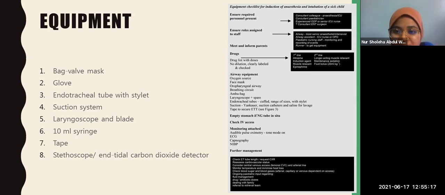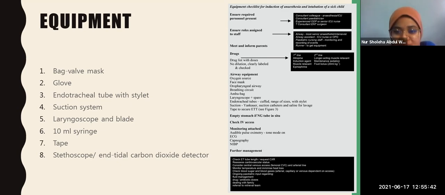But it is suggested to use the uncuffed endotracheal tube for children below the age of 8 because the cricoid is the narrowest part of the airway. So the cuff is mainly unnecessary, and the cuff may also lead to tracheostomy. That's why in children we use uncuffed ET tube.